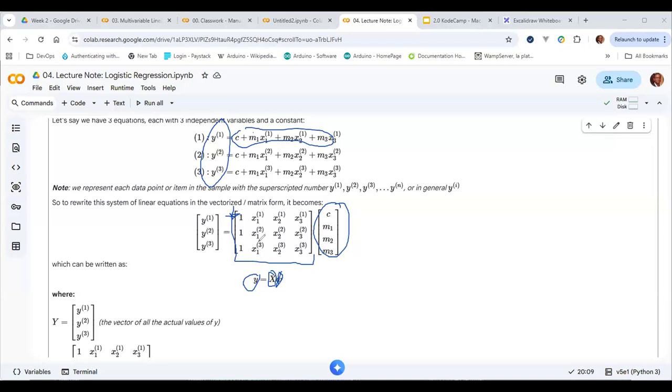So this is very important to explain so that when you see something like this, you know that we are not referring to just single values. We are referring to the entire data in the data set.